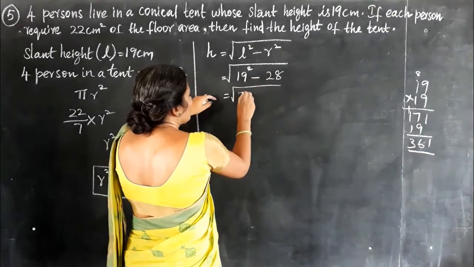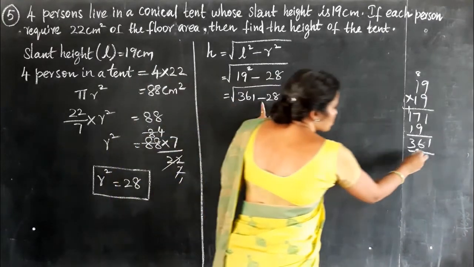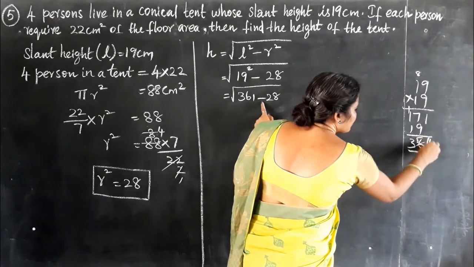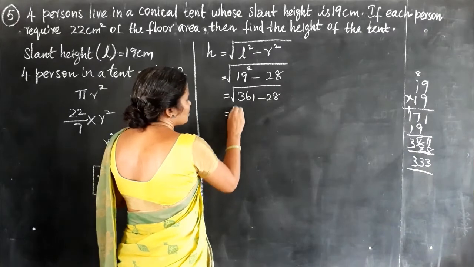So square root of 361 minus 28. If you subtract 28, 333. Square root of 333.